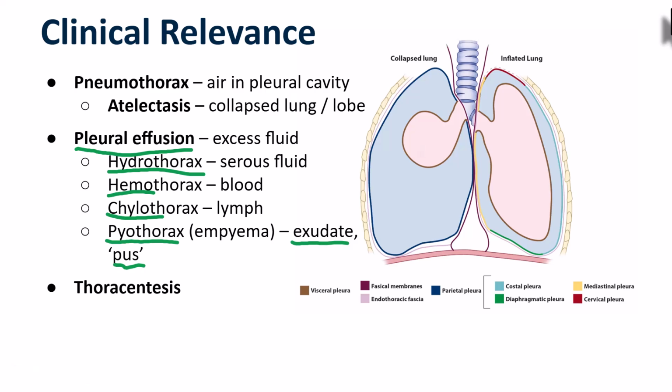Just like pericardiocentesis can relieve an excess fluid from the pericardium, we can have thoracentesis, where we can enter into that pleural space with a needle to drain any fluid to help restore the ability of the lung to expand during inhalation, so as to relieve the pressure on the lung.